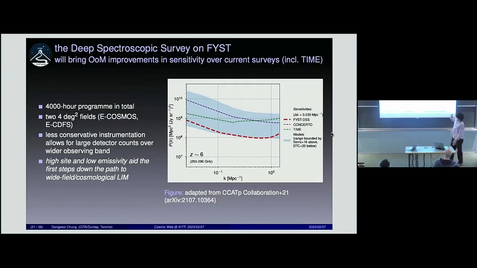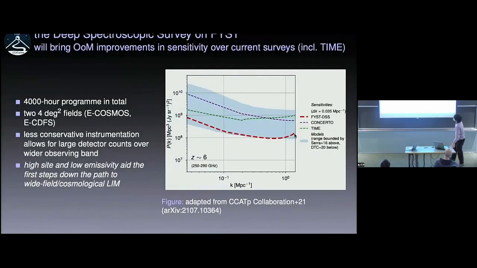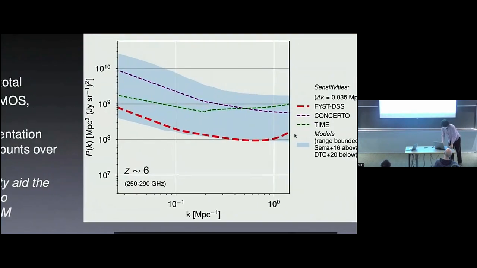You can see that the survey design is a lot less conservative than something like TIME. And that's really enabled by the design of the instrument, which is going to be a much less conservative design in and of itself. But the upshot is basically, here are your forecasts for the power spectrum of C2 at redshift 6. I can't seem to zoom in much further. Oh, there we go.